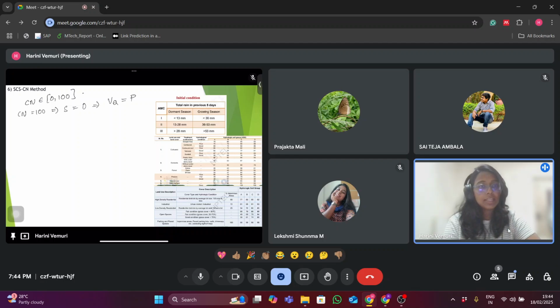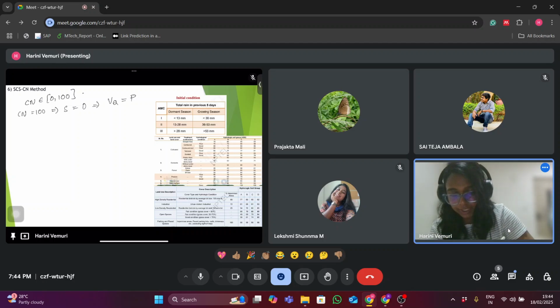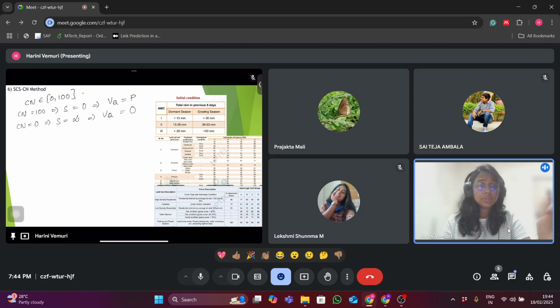For example, in the case of paved or concrete surfaces, all the precipitation that falls is completely converted into runoff, so the curve number is 100. When the curve number is equal to 0, the maximum potential retention is infinity and the volume of runoff is 0. That is, the entire precipitation gets infiltrated.